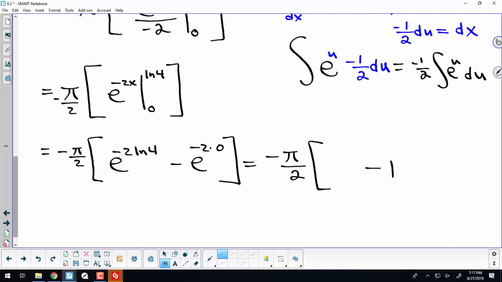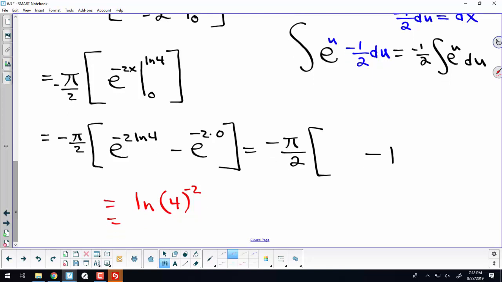But you remember the properties of logarithms? The multiplier of the logarithm really can come up to the power. So that's coming up here, and then that's the same thing as ln of 1/16, right? 4 to the negative 2.